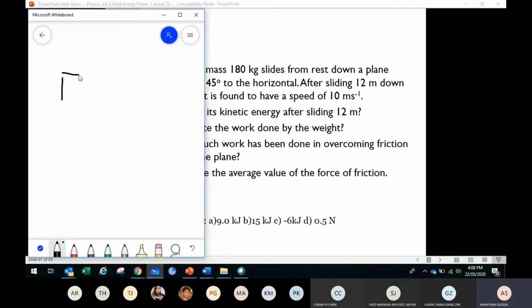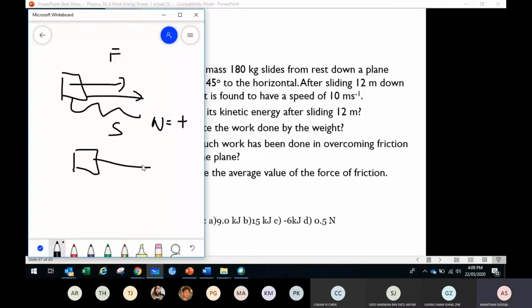If the force is in this direction and the displacement is also in this direction, work is positive. If the force is applied this way, but the object is moving the other way, the work done by this force is negative. Do you agree?